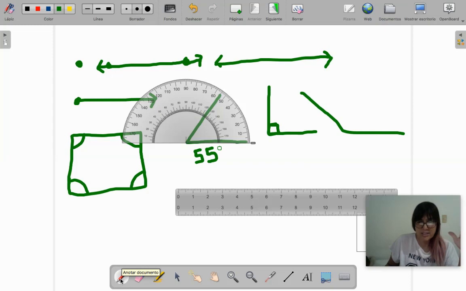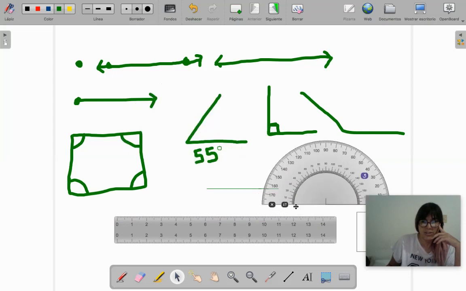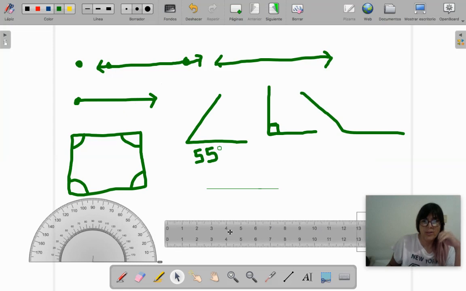This is just a fast review so you understand what we are doing today. So we learned to measure with a ruler. We learned to measure with a protractor. We didn't really do it, but I showed you how. And now guess what? With this, we measure angles.